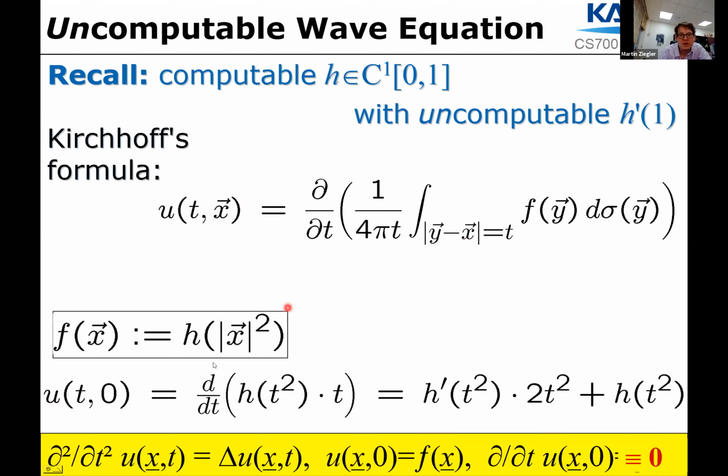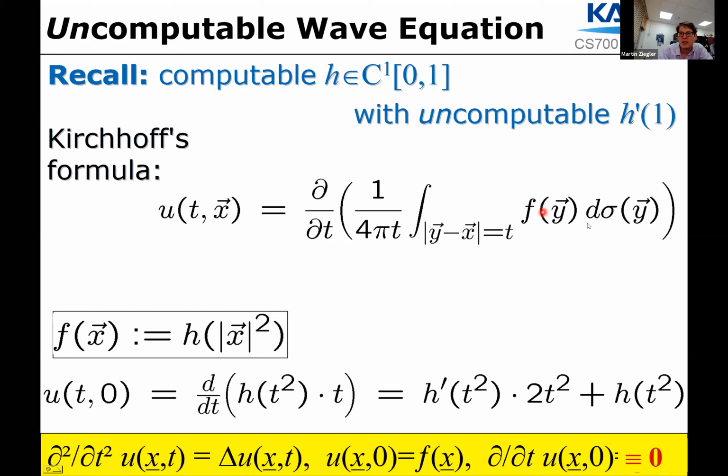And since the function f, by the way we construct it, depends only on the length of the argument, therefore the average value of that function is just the function value, right?